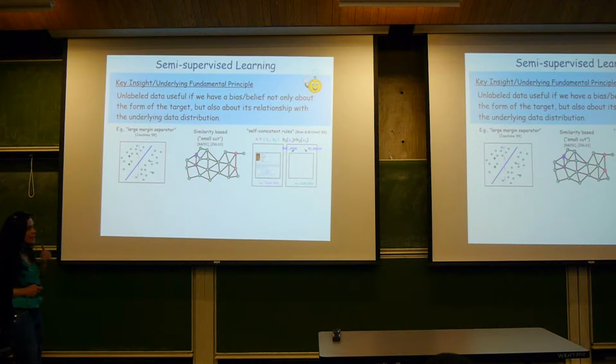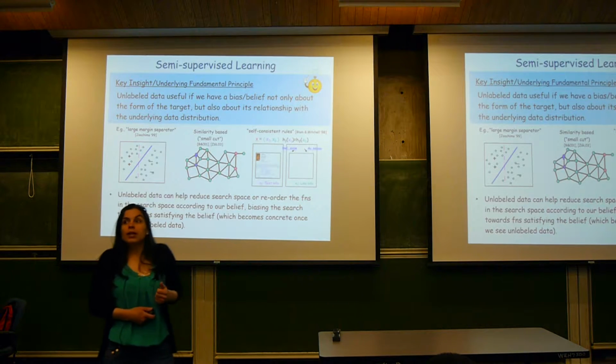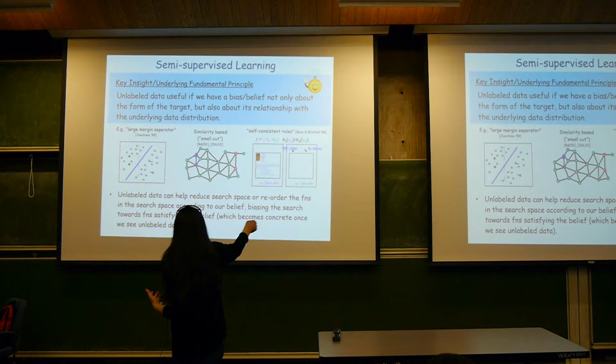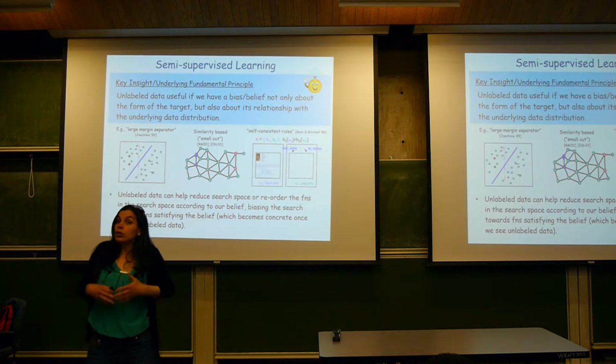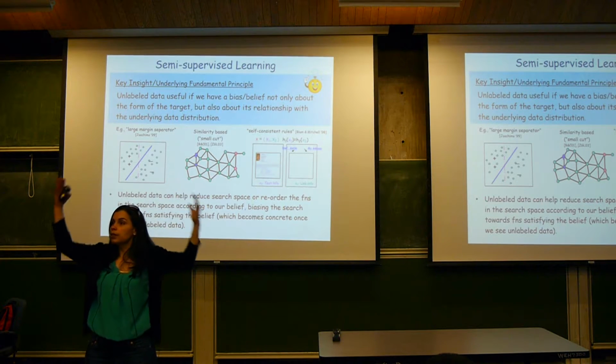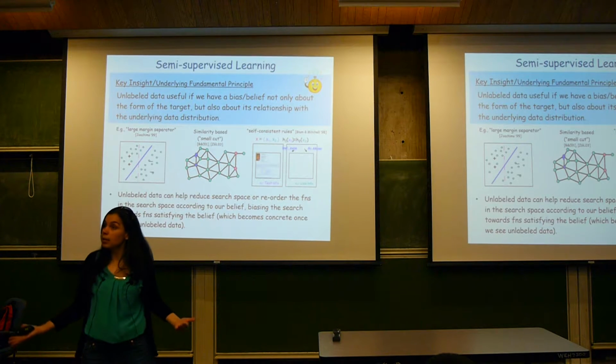Now you might ask, can we extract a more general principle that can help us write down generalization guarantees about when unlabeled data is helping me and by how much? And the answer is yes. The key point is that in all these methods, if you truly believe, for example, the large margin assumption or the self-consistency assumption, then what unlabeled data can do for us is help reduce the search space from the whole set of classifiers down to only those classifiers that satisfy our belief once we see unlabeled data.